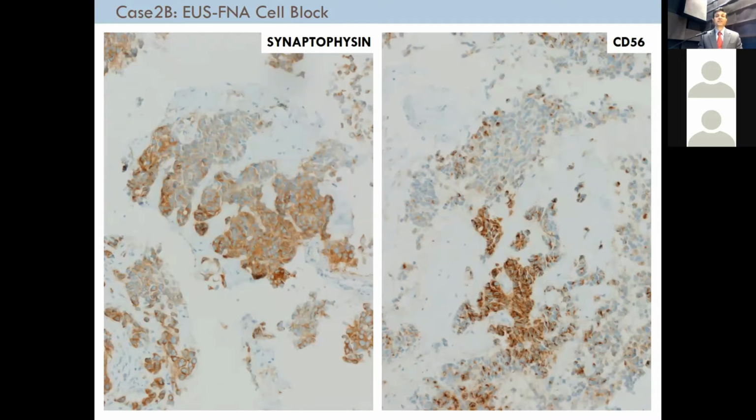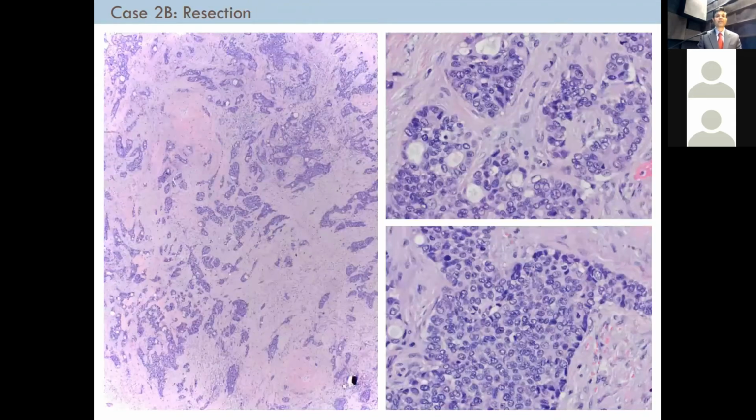This tumor showed patchy positivity with synaptophysin and CD56. The resection that was performed at our hospital showed a high-grade, predominantly solid neoplasm with variably sized large nests and trabeculae.